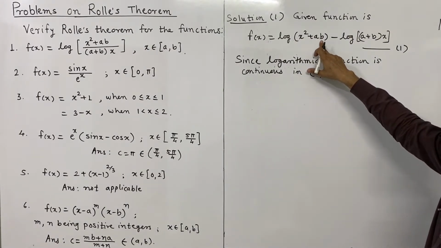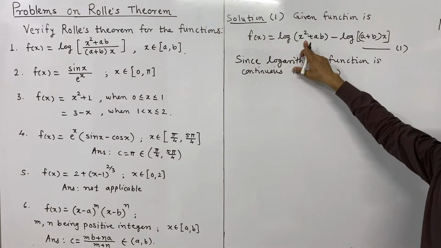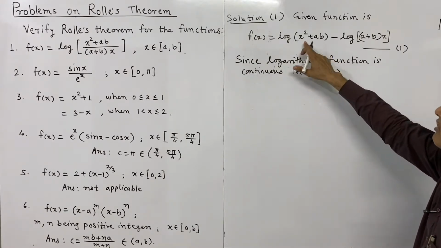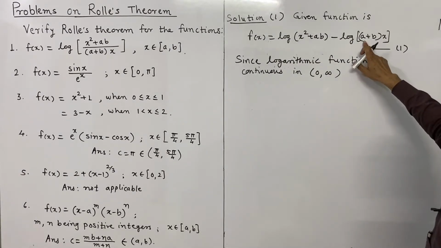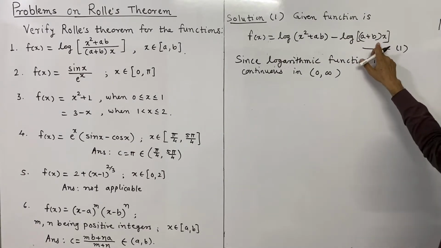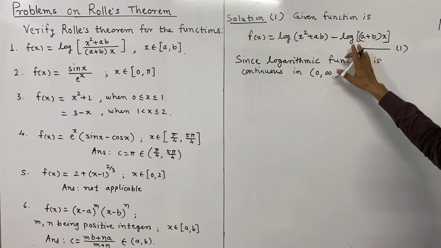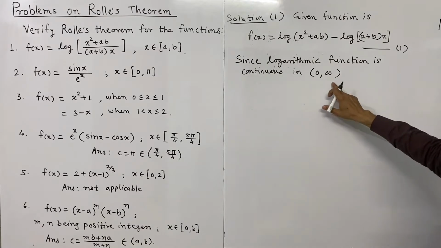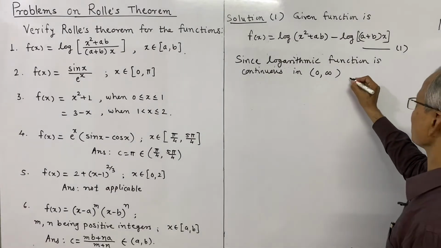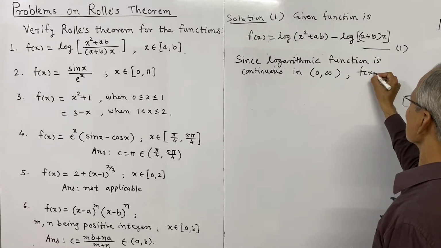If both are negative, then this is also positive. Square is positive. So therefore this is a positive value, and logarithmic function is defined and is continuous. So here also if this is a positive quantity, then it is defined and it is continuous. So logarithmic function is continuous in the interval 0 to infinity. F of x is continuous.